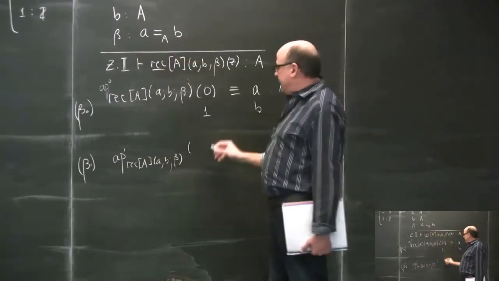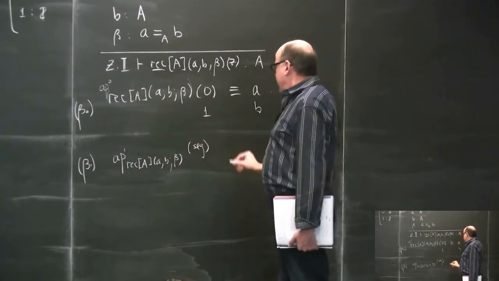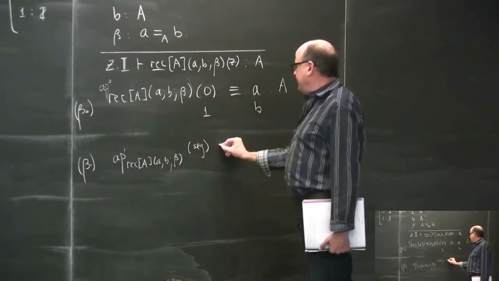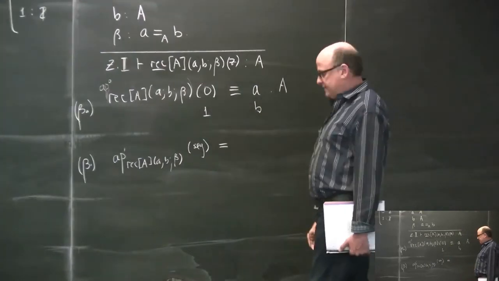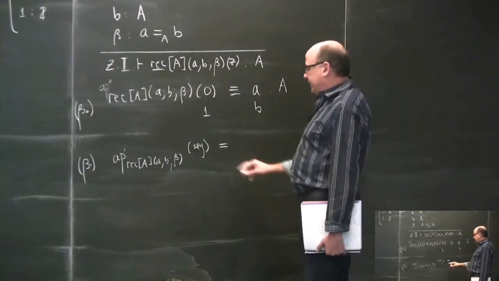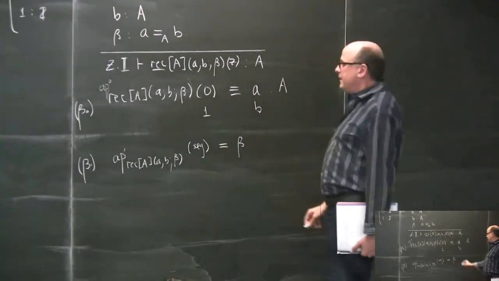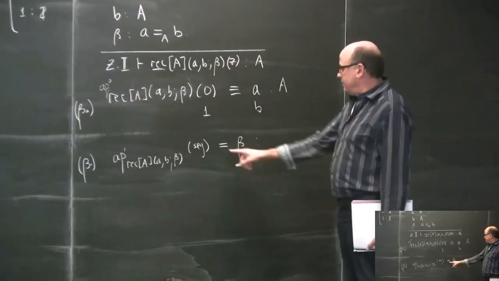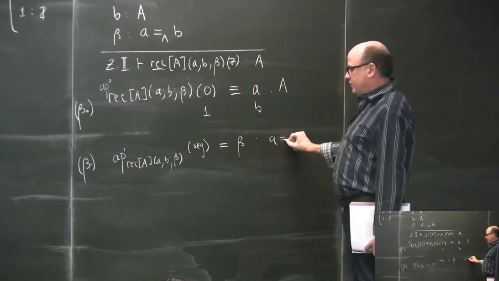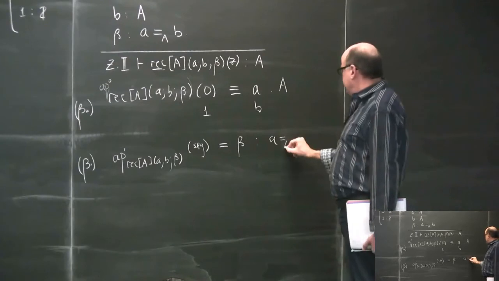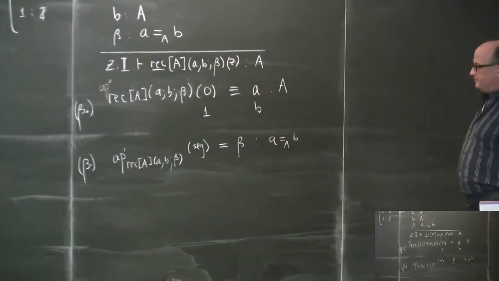But now I'm going to apply it on a 1 cell, namely seg, and that should give me, well, then there's the discussion we've had previously. What do I mean by equality? So in some sense, that should be beta, which is, I'll just write the type over here. It belongs there, but I'll write it over here, which says that A is equal to B, which I've written down here like that.